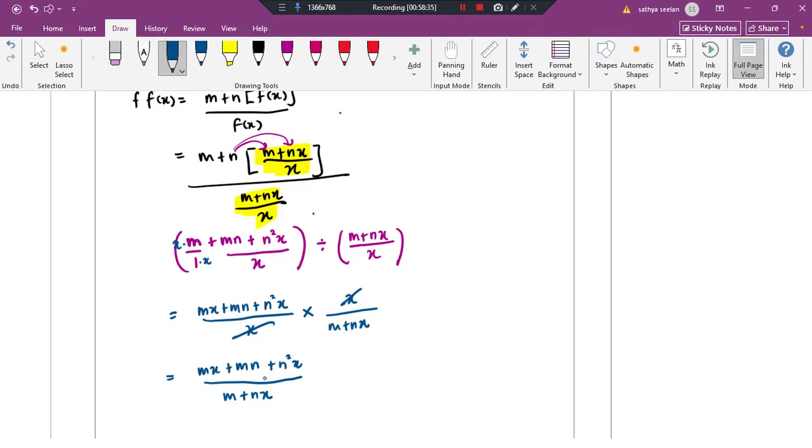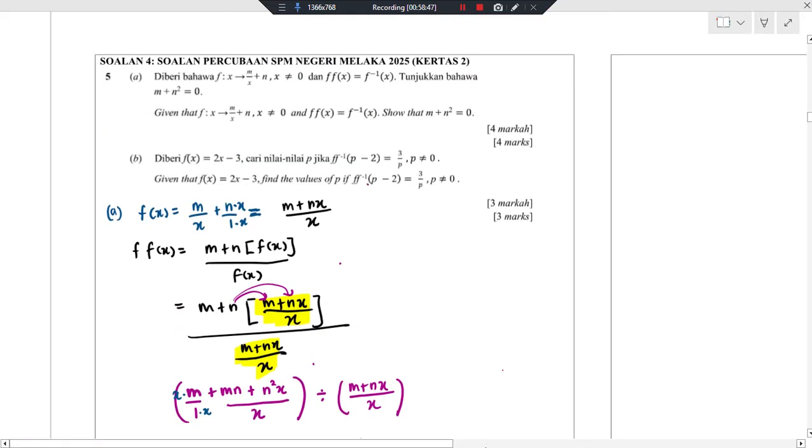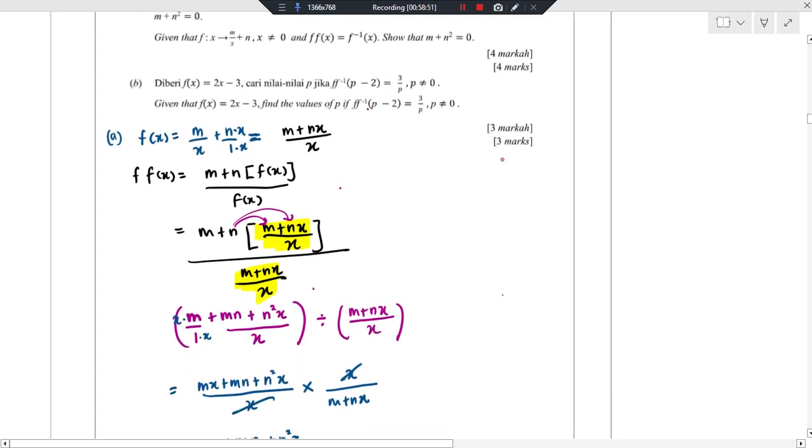Okay. F inverse X. Okay. So let Fx equals to Y. And then X equals to F inverse Y. Okay, what is Fx? M plus Nx over X equals to Y. This one need to be carefully done. M plus Nx equals to Xy.